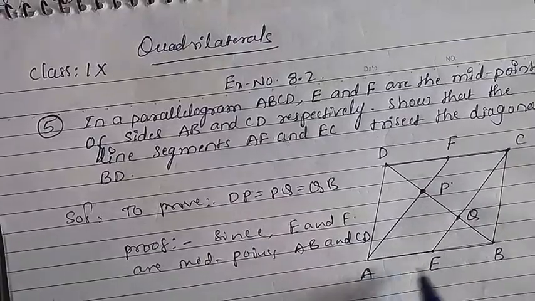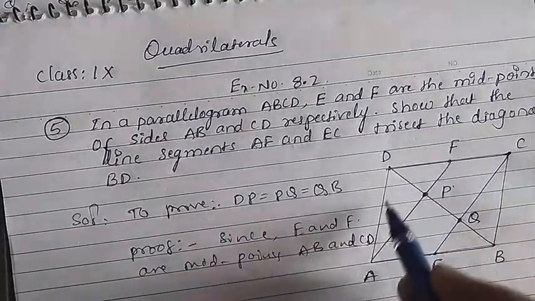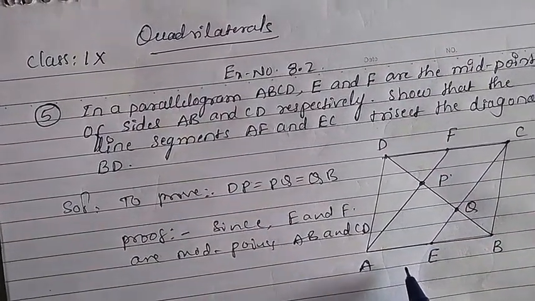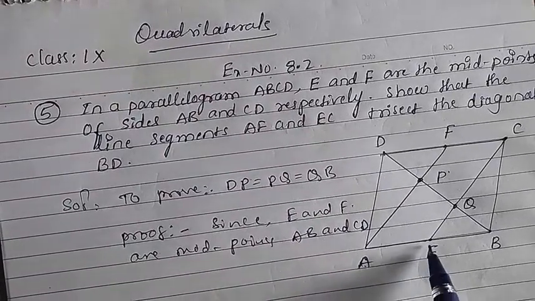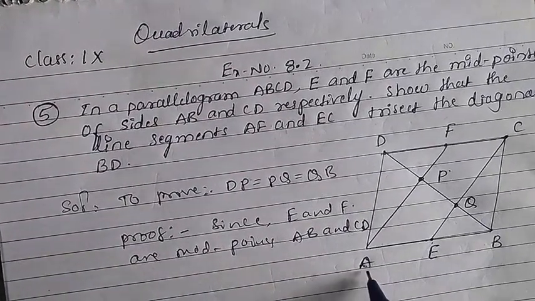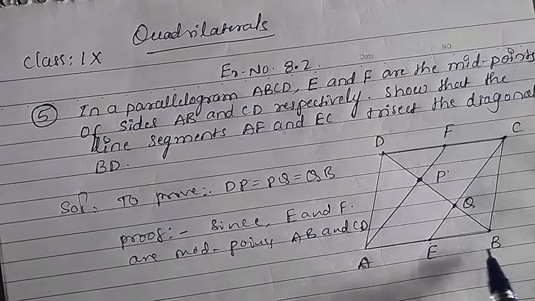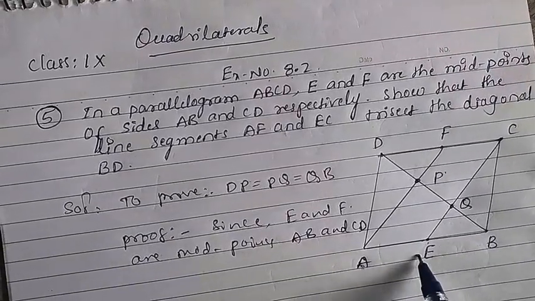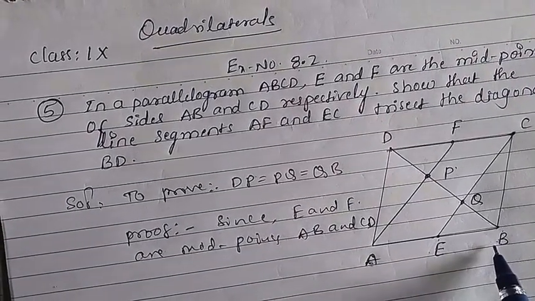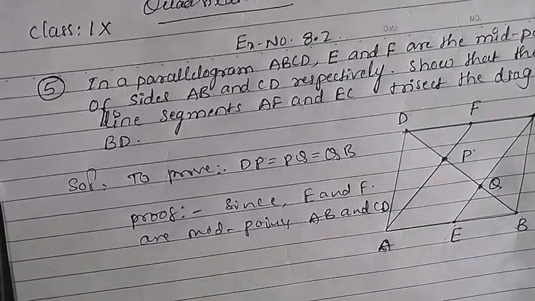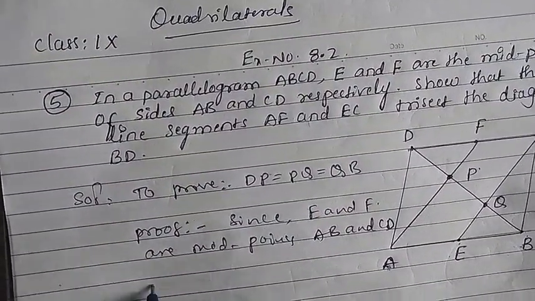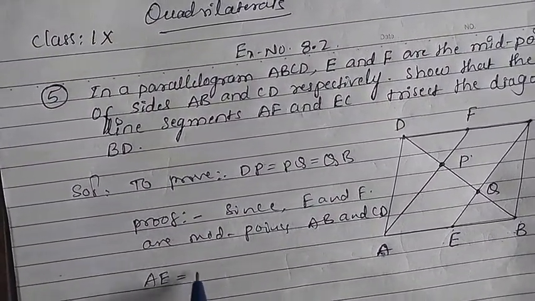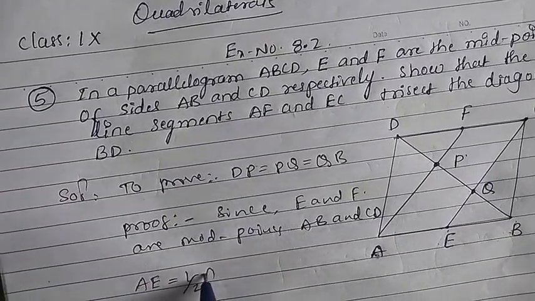Now see, opposite sides of a parallelogram are equal and parallel. That is the property of the parallelogram. Now here E is the midpoint of AB, which means AE is equal to EB. Correct. Now AE is equal to half of AB, you can write, because E is the midpoint of AB. So here AE is half of AB.